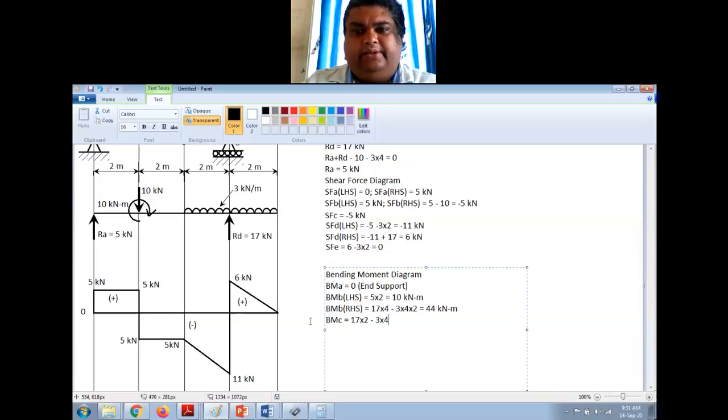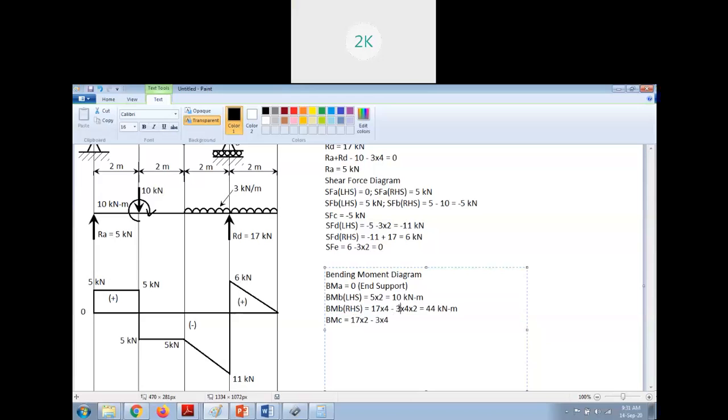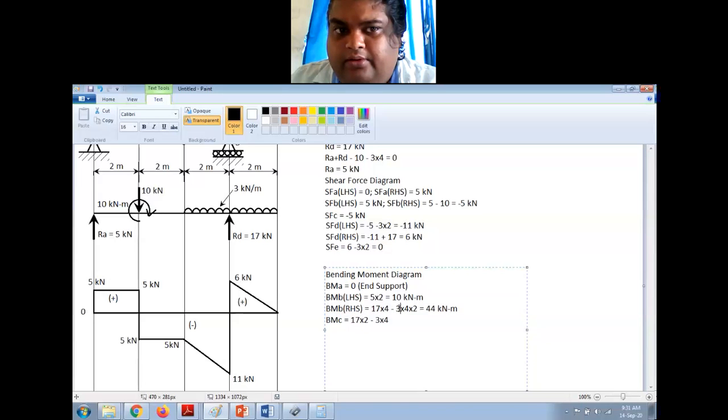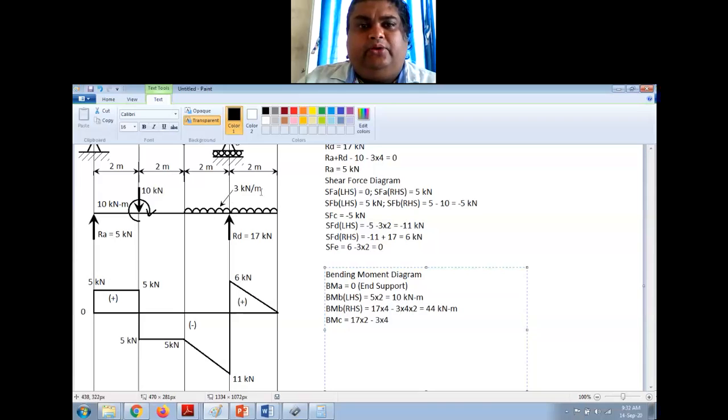Wait a minute. I think I made a mistake here. Yes. See, this is what I did. I made a mistake in this, BM at B on the right hand side. See, this UDL is 3 kilonewton per meter.